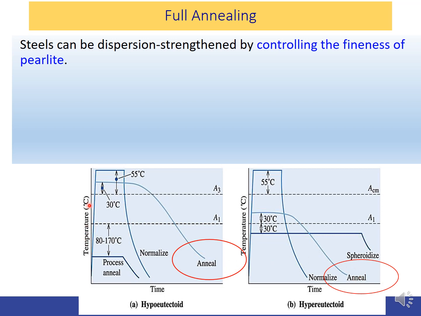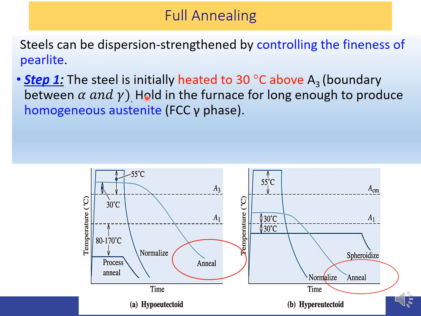So here is the process for full annealing for hypoeutectoid and hypereutectoid steel. The trend is very similar. It's just that the temperature we're going to heat up to is different for hypo and hypereutectoid steel, because if you check the iron carbon phase diagram, the temperature will be a little bit different.